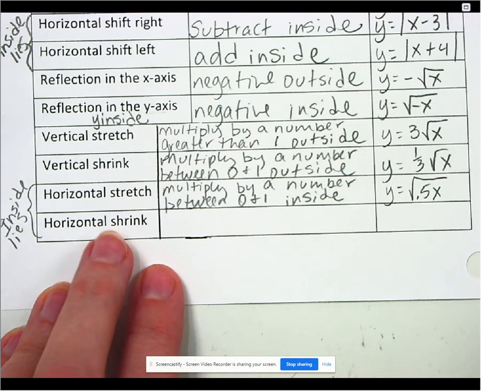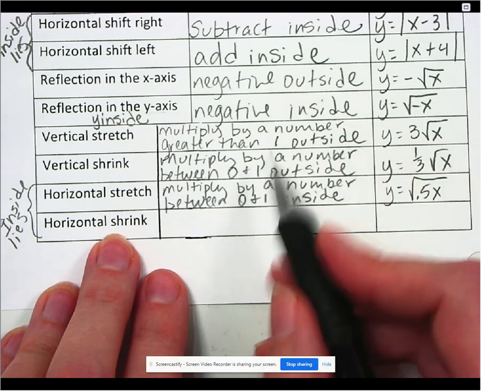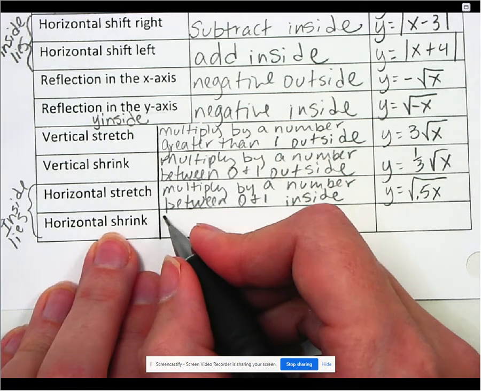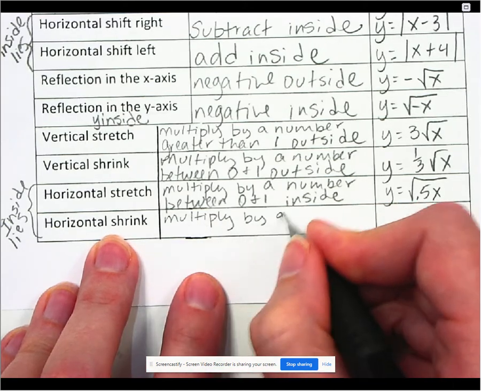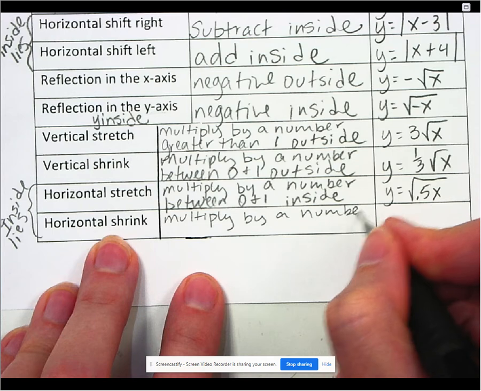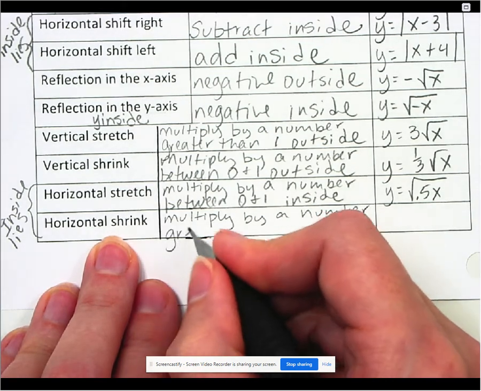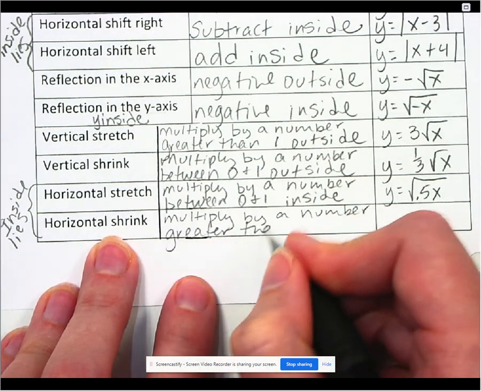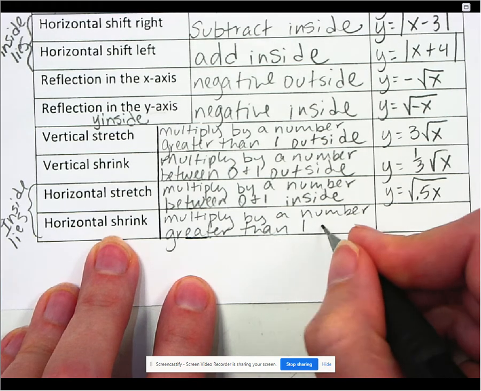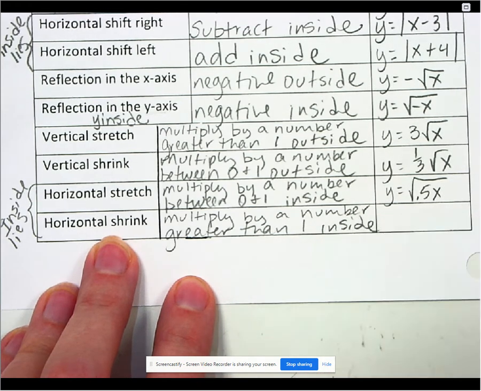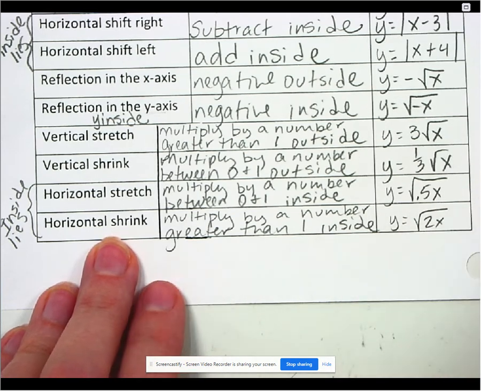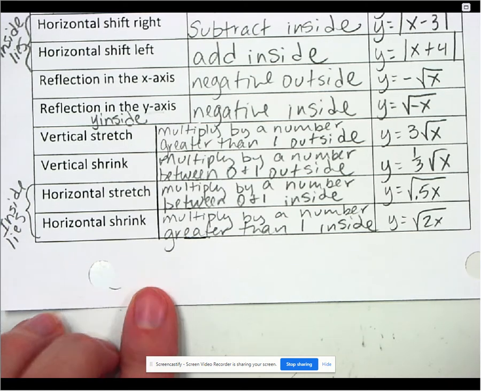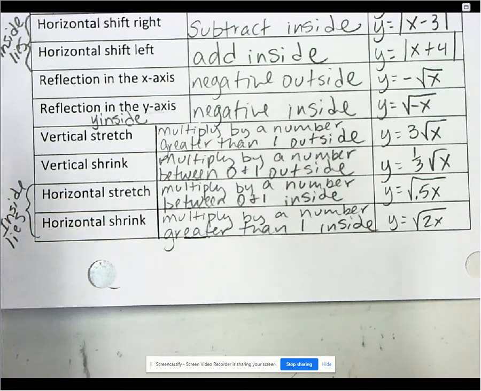And then to do a horizontal shrink, that needs to be a larger number, a number greater than 1, and that's on the inside. So y equals the square root of 2x. That's going to take the square root graph and horizontally shrink it.